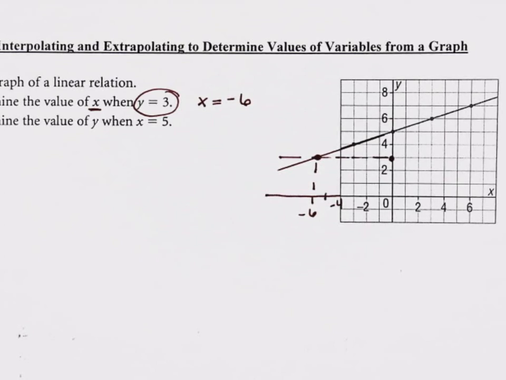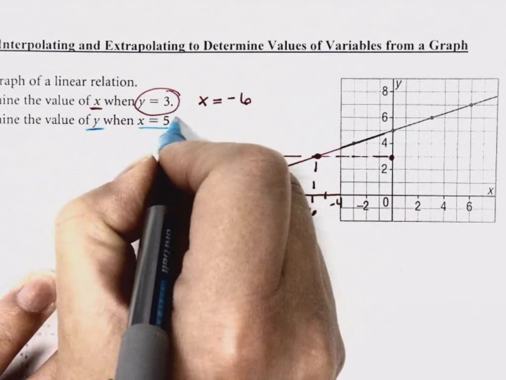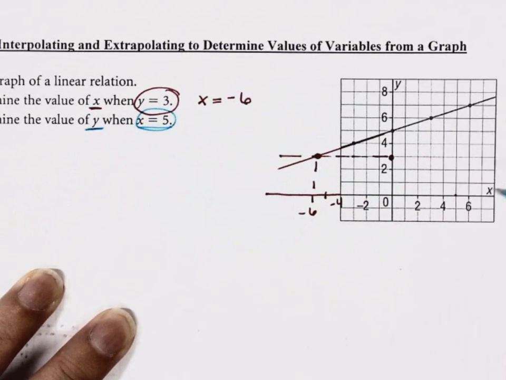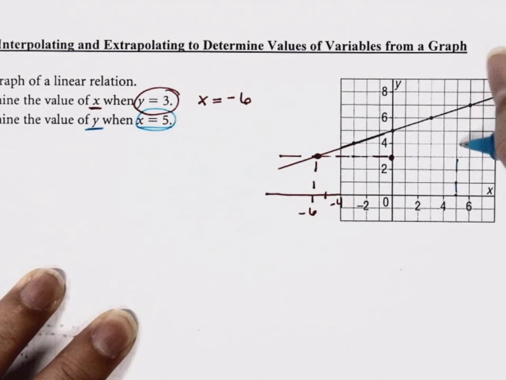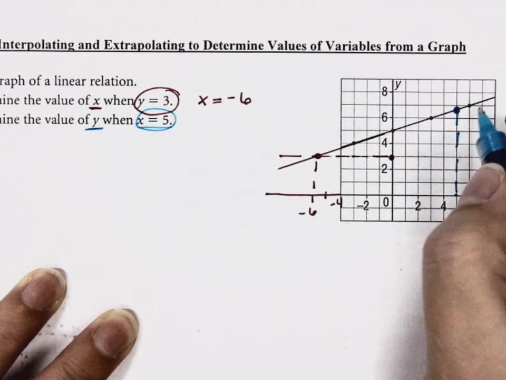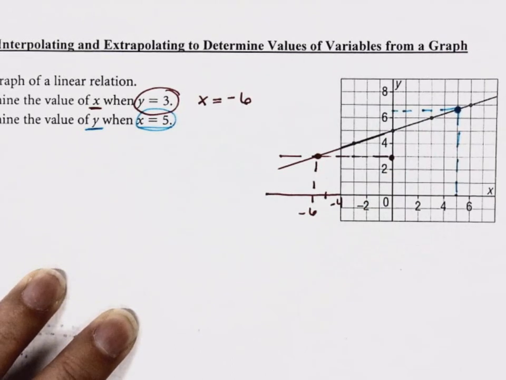Okay, so what we just did was we extrapolated. We were off the graph, we had to kind of draw some lines, we had to figure it out. Now we're looking for where x is 5. X is 5. So what's y when x is 5? So we're going to go over to 5, and we're going to draw a line up till we hit the line, till we hit the graph, and then we're going to come across to our y-axis.